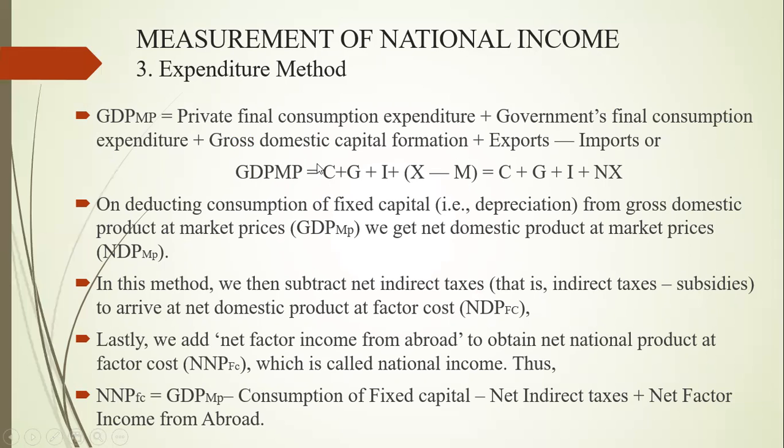GDP we know, and earlier we also learned how to get from GDP to GNP. We get it if we add the net factor income from abroad. From GNP to NNP, we subtract the depreciation value, and finally we come to NNP at factor cost, which equals GDP at market price minus consumption of fixed capital minus net indirect taxes plus net factor income from abroad.